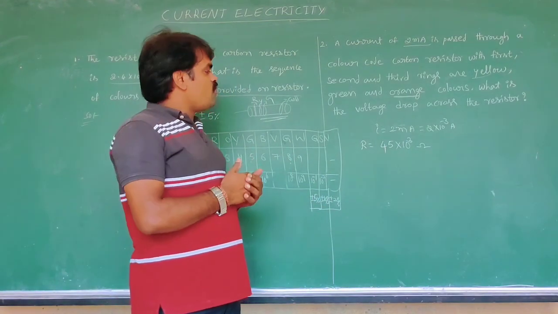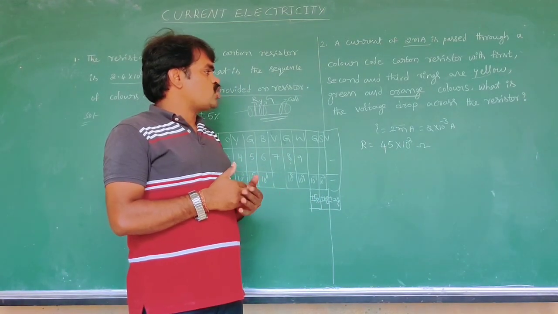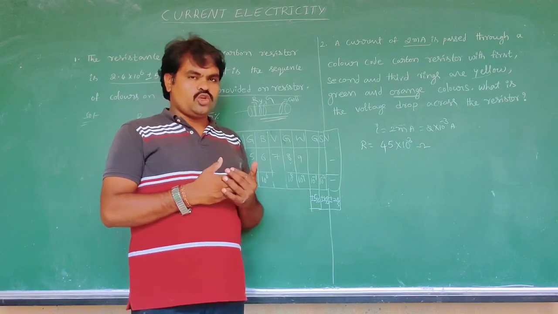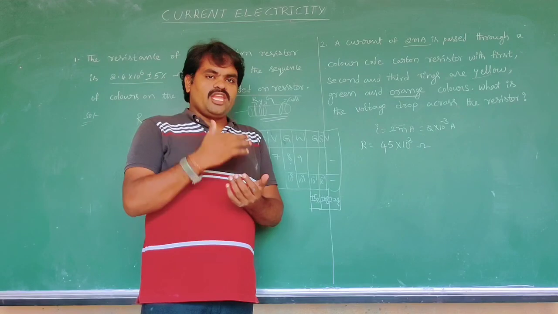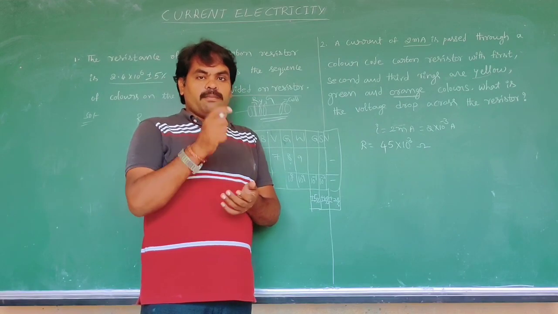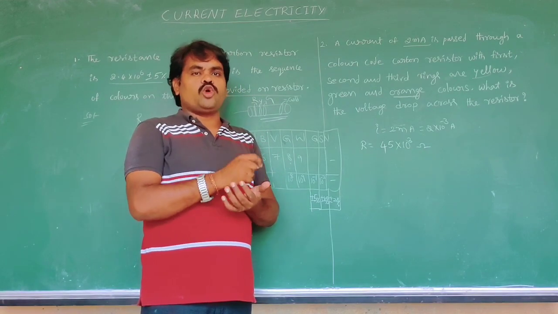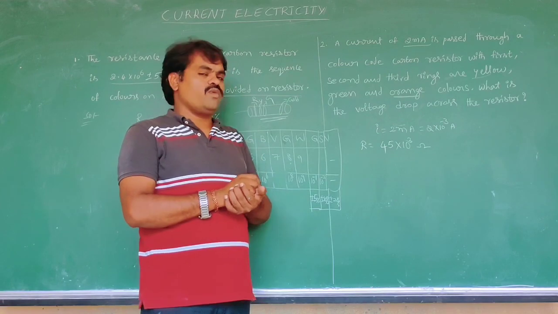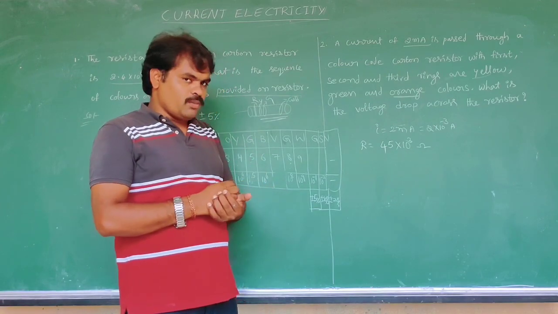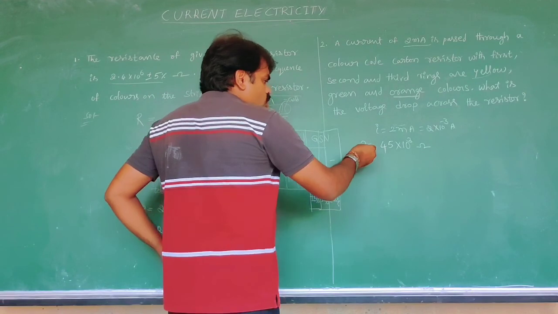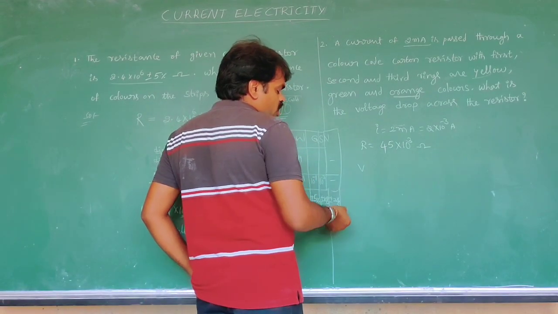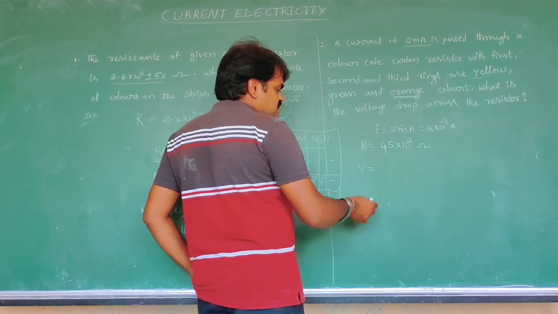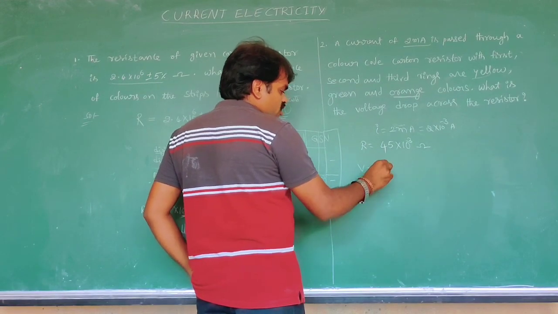But in this type of problem, where we are calculating the voltage drop across the resistor, we do not need to take the tolerance into account. Only when the problem mentions the tolerance should we take it, but it is not needed in this problem. Now we know R and I. According to Ohm's law, V is equal to IR.